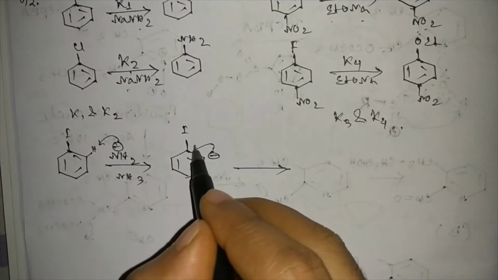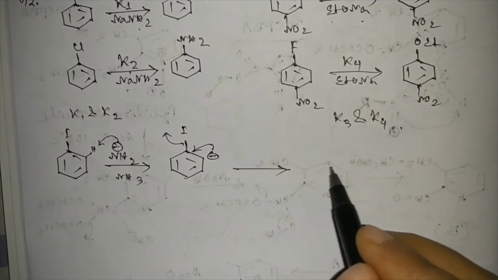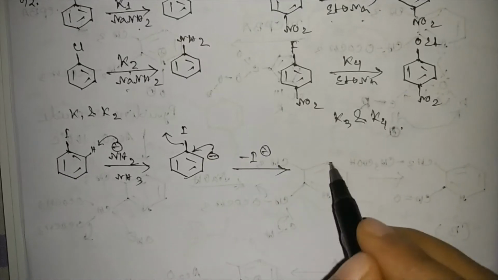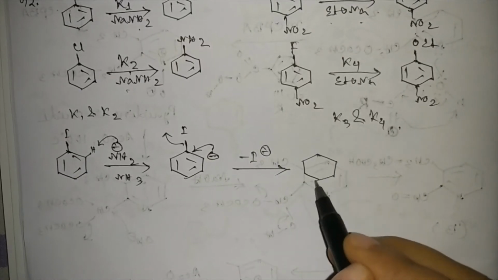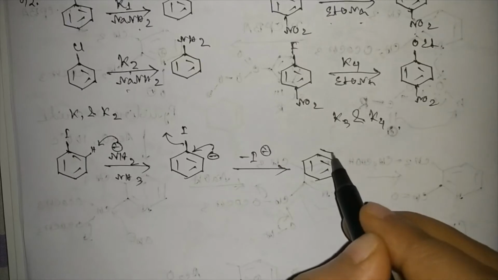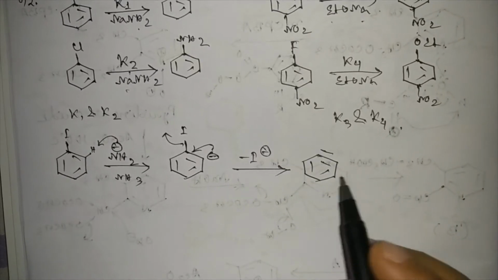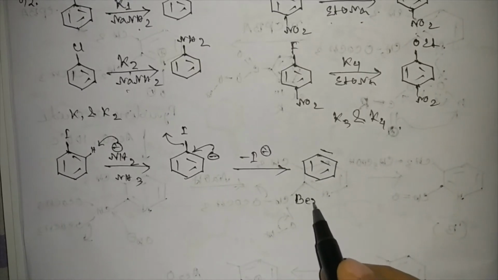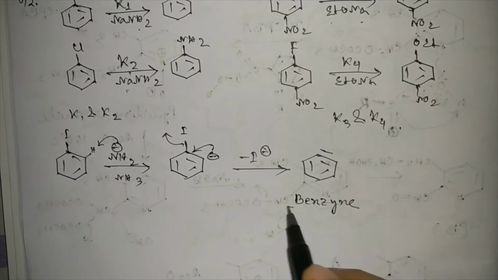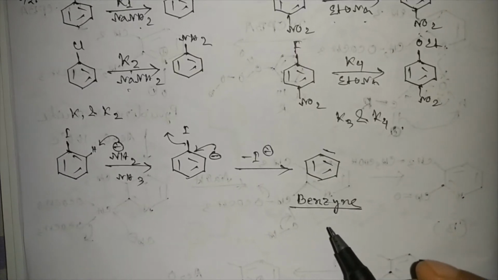Then I minus leaves, and this is called the benzyne intermediate. The benzyne intermediate will form.